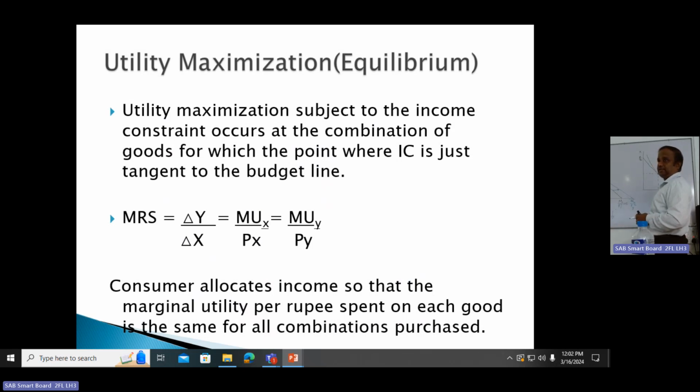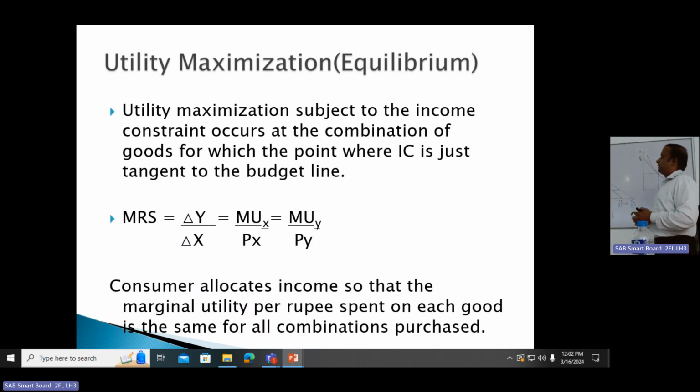The slope of the indifference curve is the marginal rate of substitution, MRS, which equals the slope of the budget line, the price ratio Px over Py, at this point.